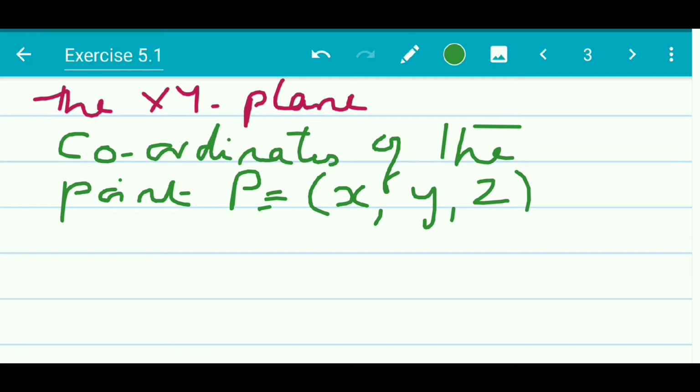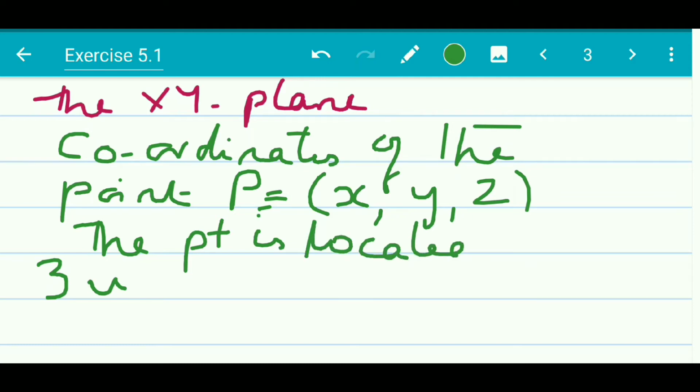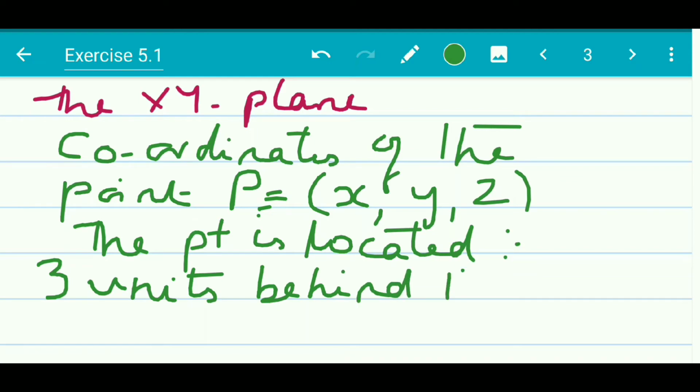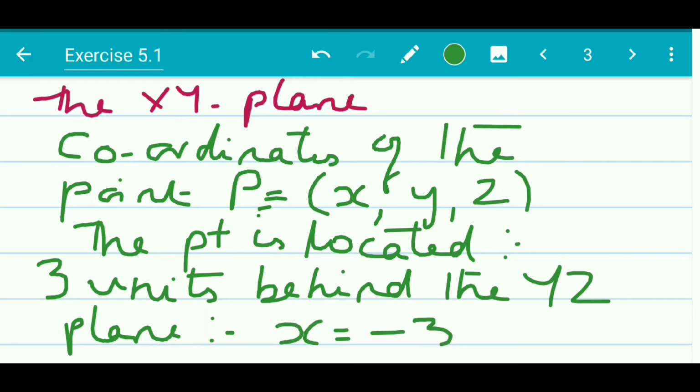Now 3 units behind the YZ plane means it lies on the negative x axis. So in this case, x is equal to minus 3.